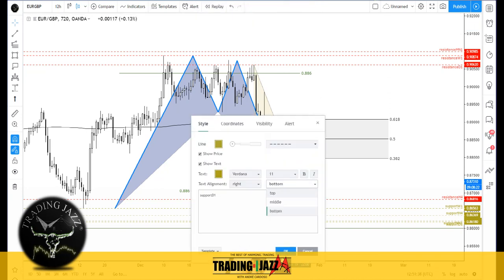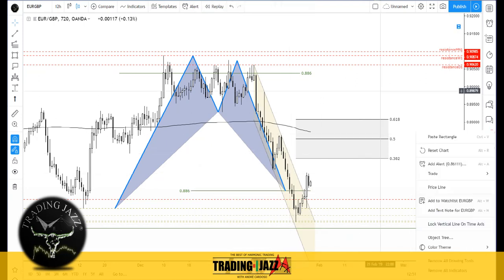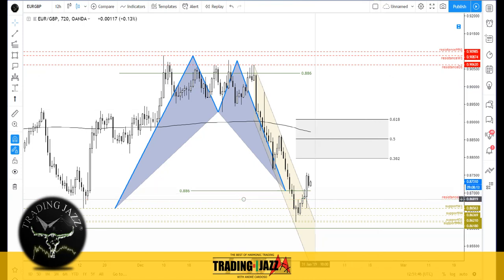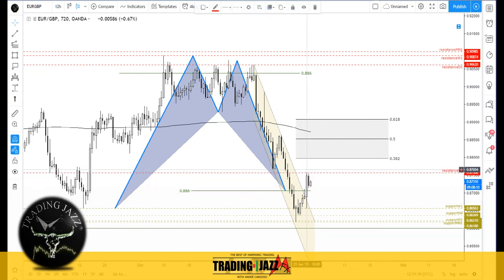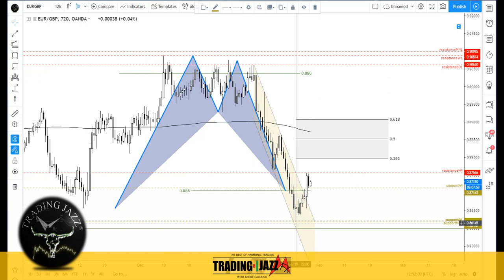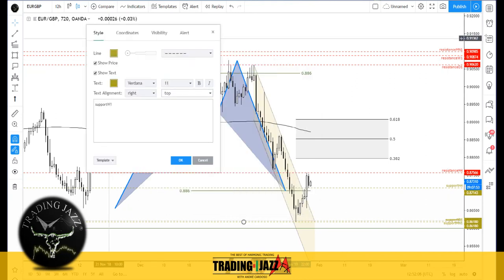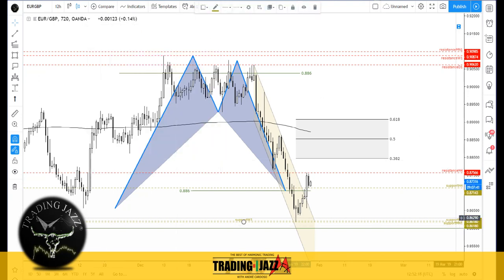So that said, daily support below, above the monthly support, and the 4-hour resistance is no longer there, it's here. The 4-hour support is here. Weekly support, we keep the weekly support below. Okay, weekly support, monthly and daily supports below.